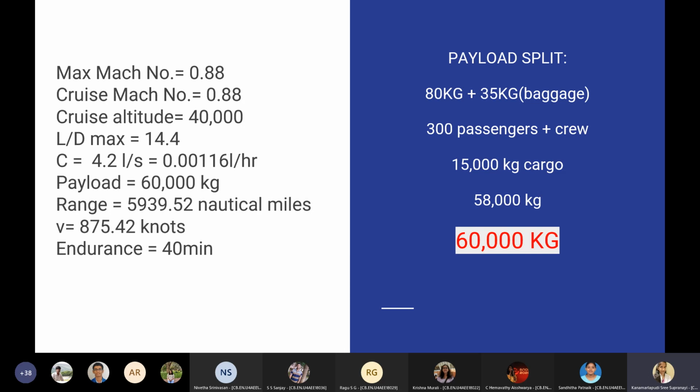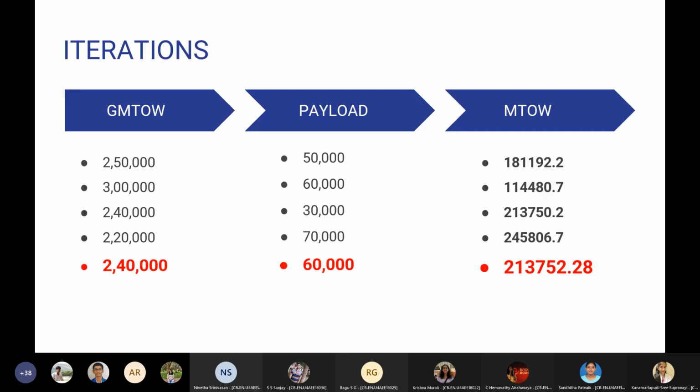Overall, we got 58,000 kgs, and we approximated it to around 60,000 kgs during the iterations. Sir asks, in your iterations, why does the payload change with the iteration? Since it is around 58,000 to 60,000, we slightly kept on varying the payload to get a stabilized value for the MTOW.